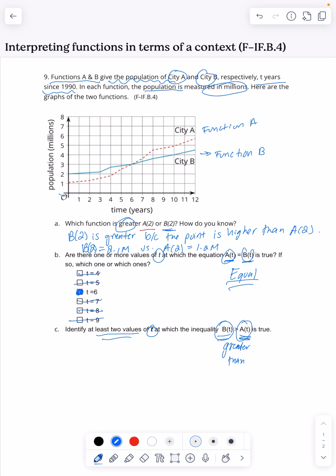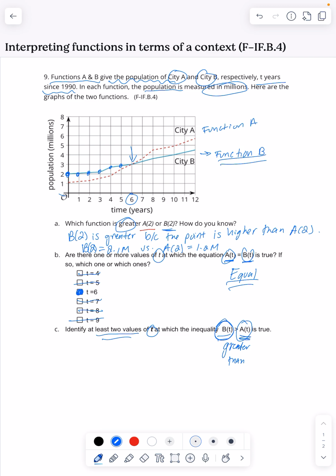So B sub t is this blue line. So where is the blue line higher than the red line? We could see there are a few places: here, here, here, here, here, here, and obviously not here, because we just said in the last one, at t equal to 6, that's actually where they're equal.